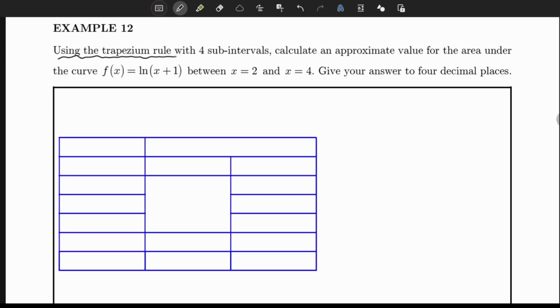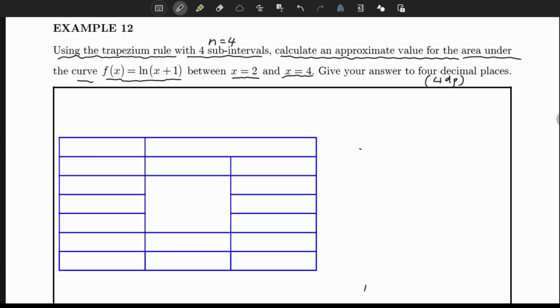Example 12. Using the trapezium rule with 4 sub-intervals, calculate the approximate value for the area under the curve of f(x) equals ln of x plus 1 between x equals 2 and x equals 4. Give your answer to 4 decimal places. So 4 sub-intervals, so n equals 4.